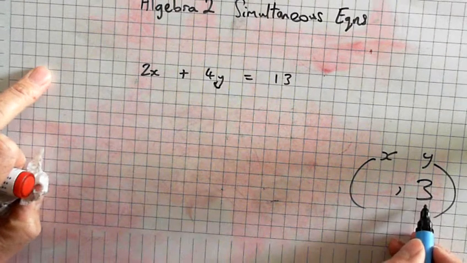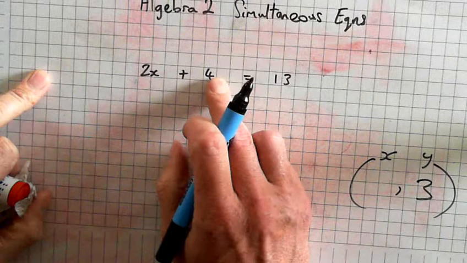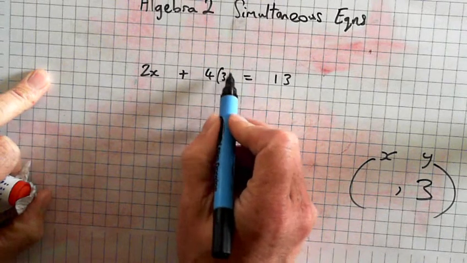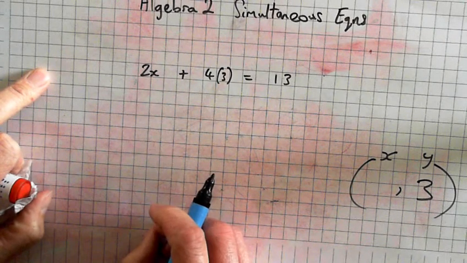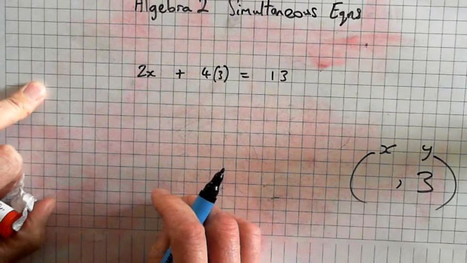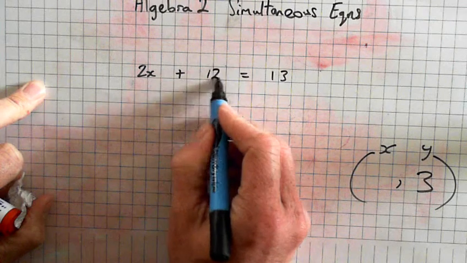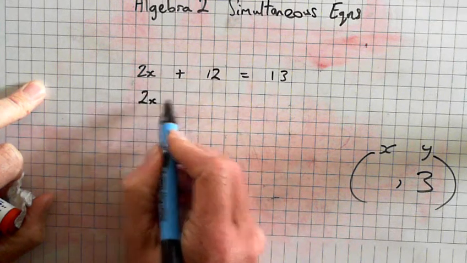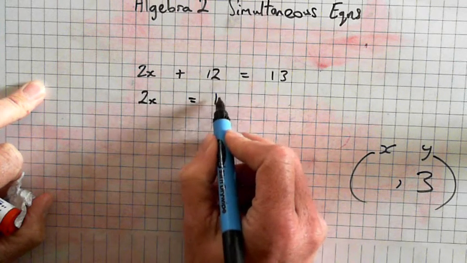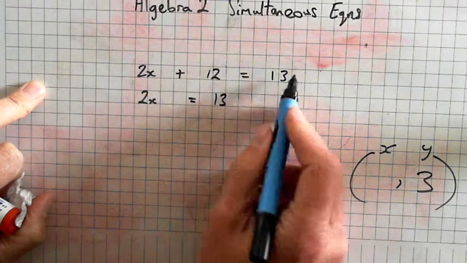And we know that y is equal to 3, so we'll replace, in brackets, y is equal to 3. So now we go 3 times 4 is 12. So 2x is equal to, well, 13 is over there, and bring the 12 over.